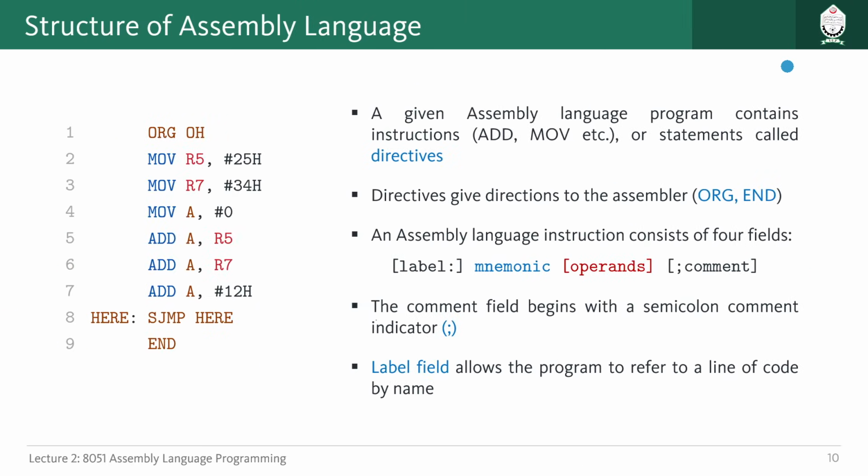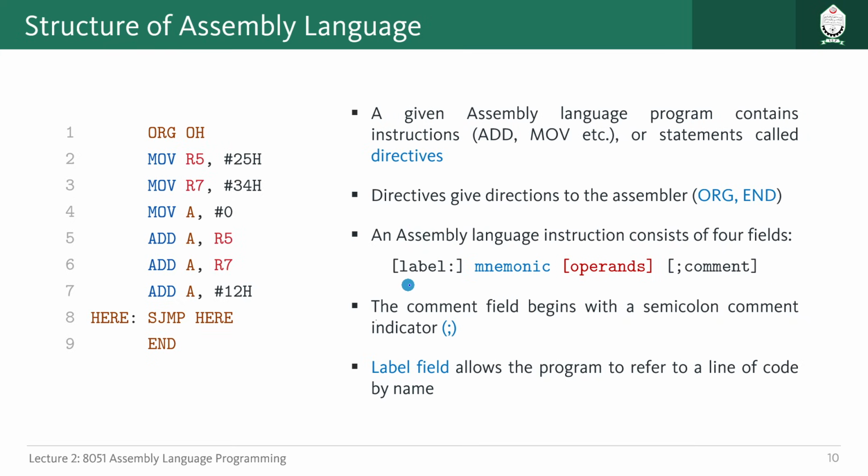Now let us go back to our previous page. Here we have the general syntax of an assembly instruction, right? We have the mnemonic and operand. For this particular line of code, this is the mnemonic and we have two different operands, and we can also have a label and a comment, right? For writing a comment, you can just start with a semicolon and write any comment you want, but these are not part of the instruction itself.